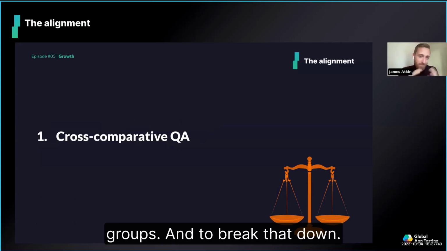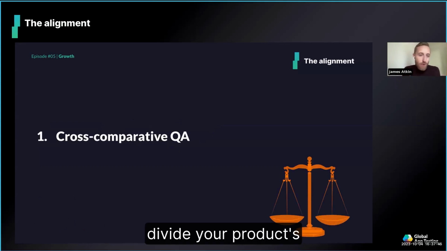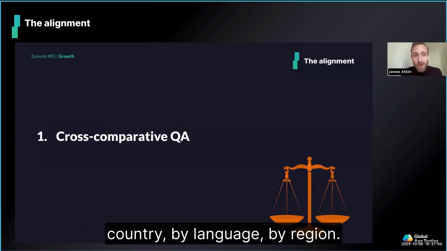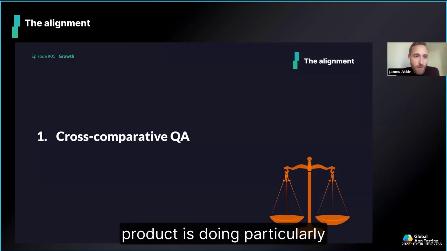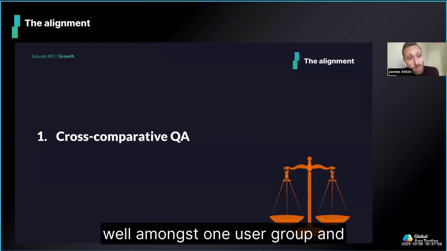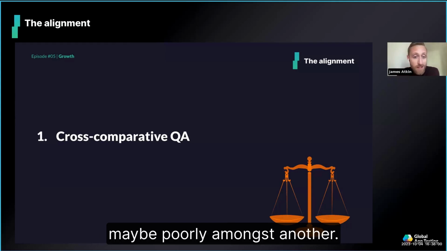To break that down, firstly, divide your product's performance data into different user groups, however that makes most sense, by country, by language, by region, and then compare each of those data sets and ask if your product is doing particularly well amongst one user group and maybe poorly amongst another.